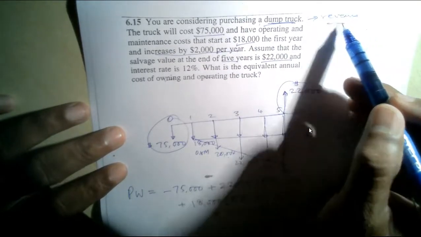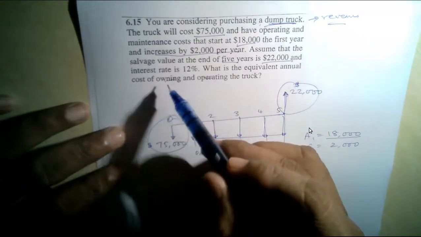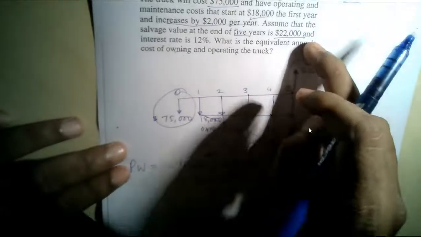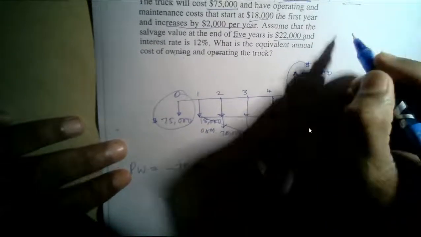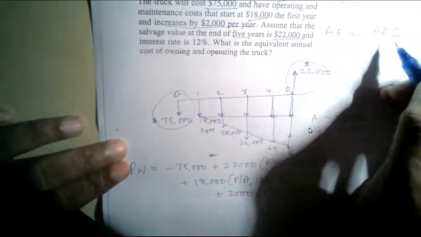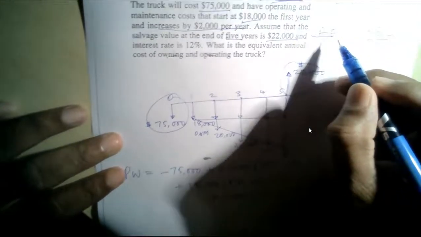Because revenues are not given, what you are calculating is the annual equivalent cost of owning. If the revenues are also given, then we call it annual equivalent worth. So AEC and AEW are different.